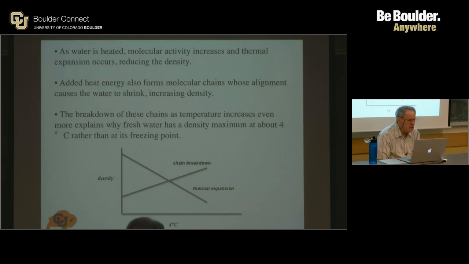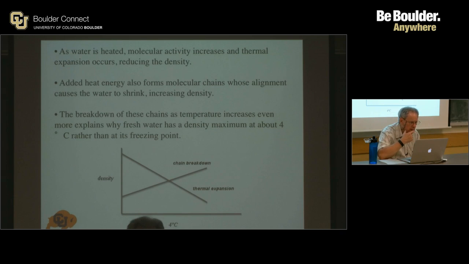So as the water is heated, molecular activity increases, it expands, that reduces the density, right? But at the same time, the chains break down. So as the chain breaks down, the density gets less.